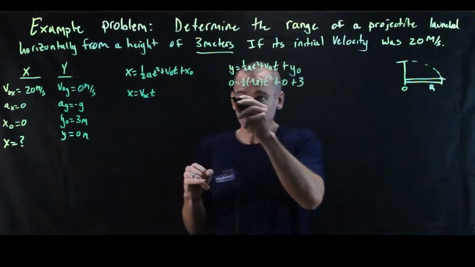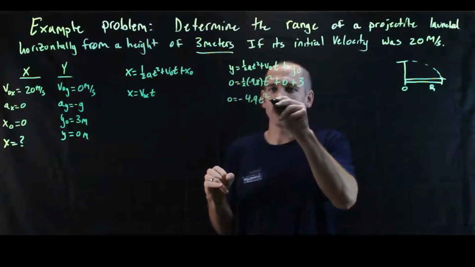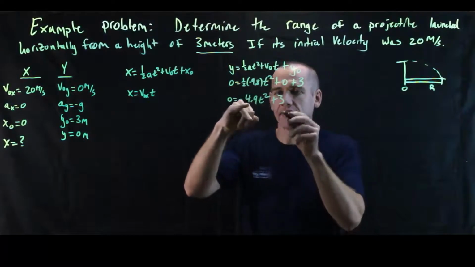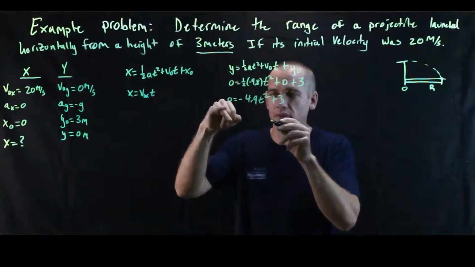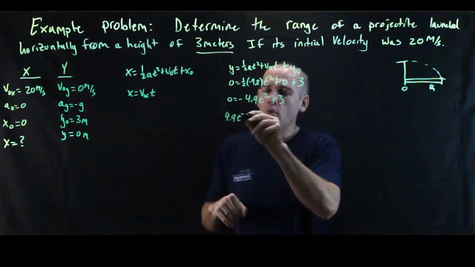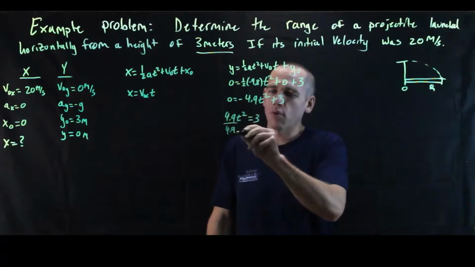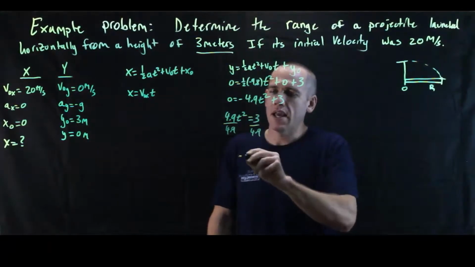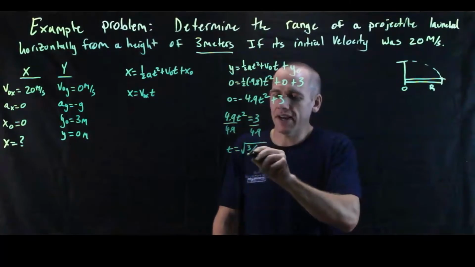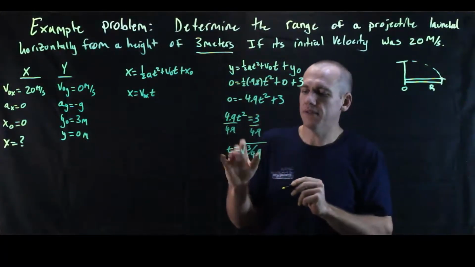I'm going to get 0 equals negative 4.9 t squared plus 3, and then I can add the 3 over. I guess technically it's subtract it, or I could add over the 4.9 t squared. Regardless, I get the negatives to go away. 4.9 t squared equals 3. I can divide both sides by 4.9, and I get t is equal to the square root of 3 divided by 4.9. That's how long it takes the ball to fall.